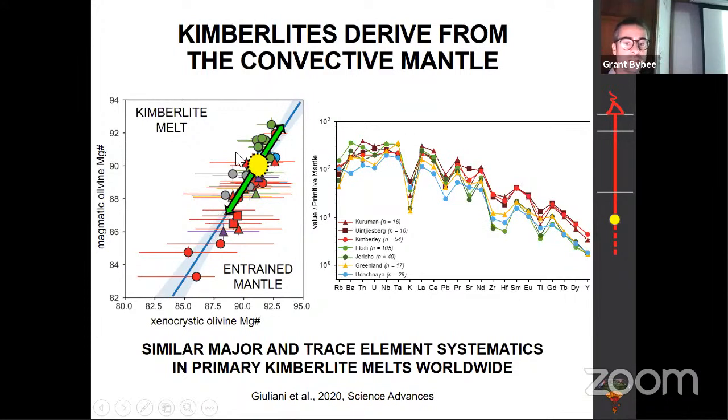By assimilating depleted or enriched material, we just move along this regression. The important point here is that kimberlites must derive from broadly similar mantle sources in terms of major elements and also in terms of trace elements.